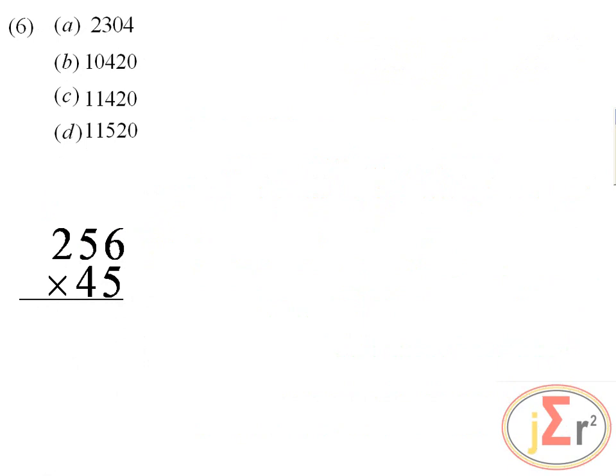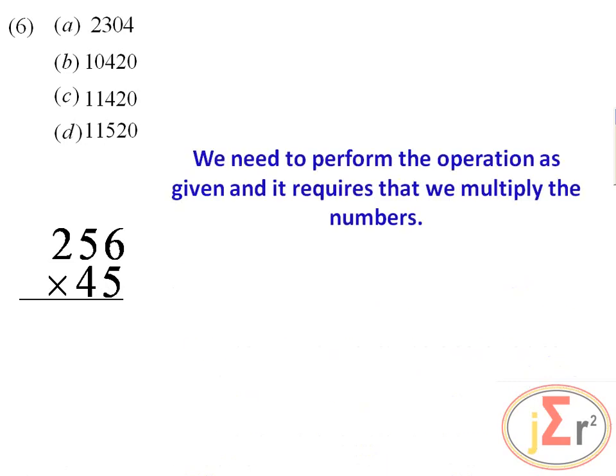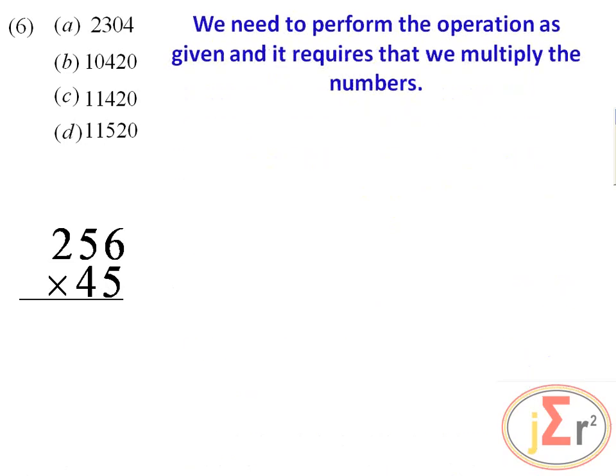Now we need to multiply, and not only multiply, but we are multiplying by 45, which contains 2 digits. What do we do on this occasion? We need to perform the operation as given, and it requires that we multiply the numbers.